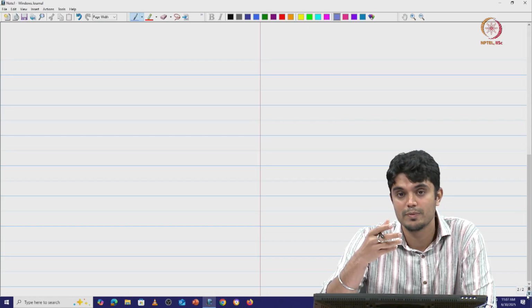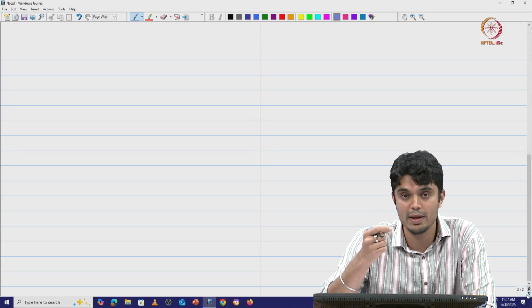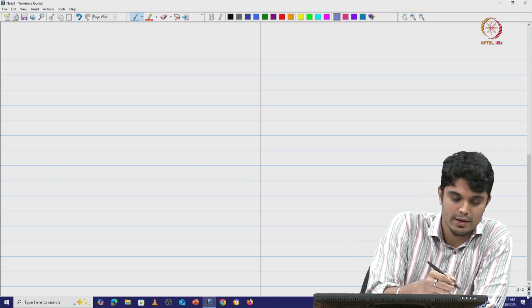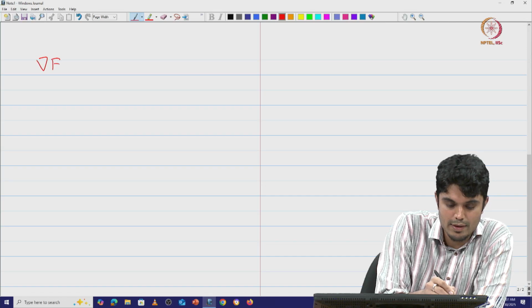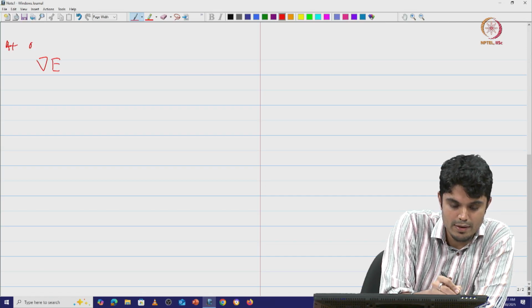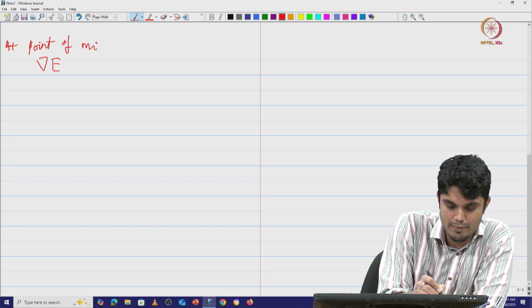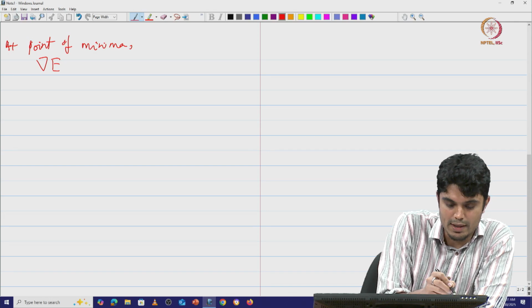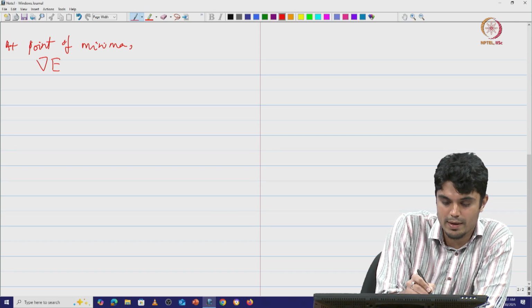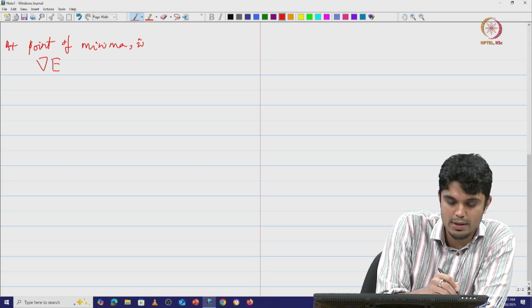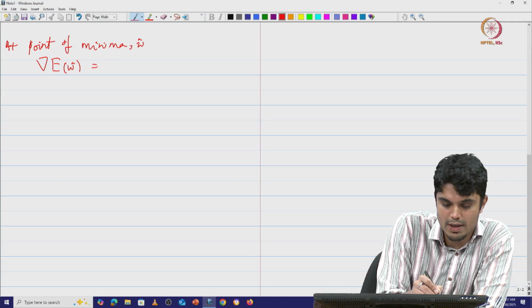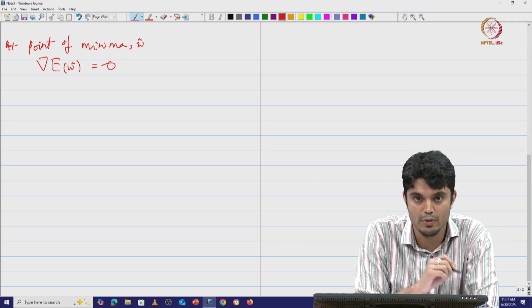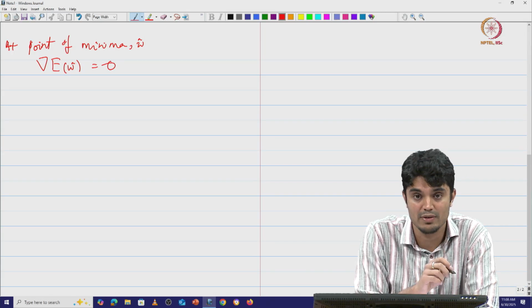What do we know? If there is a minima, at the point of minima, let's say the minima occurs at omega hat, the gradient at omega hat is going to be 0. This is something we know from our study of calculus.